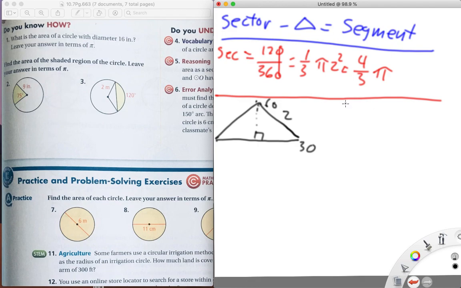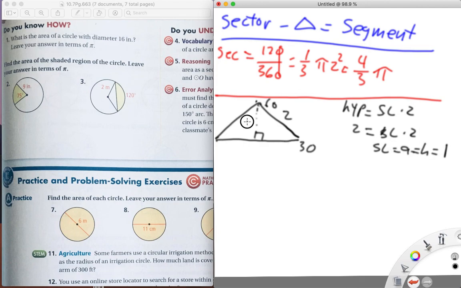Remember that the hypotenuse for 30, 60, 90 is equal to the short leg times 2. Since the hypotenuse is 2, we divide both sides by 2. So that short leg, or the apothem, or the height is equal to 1.